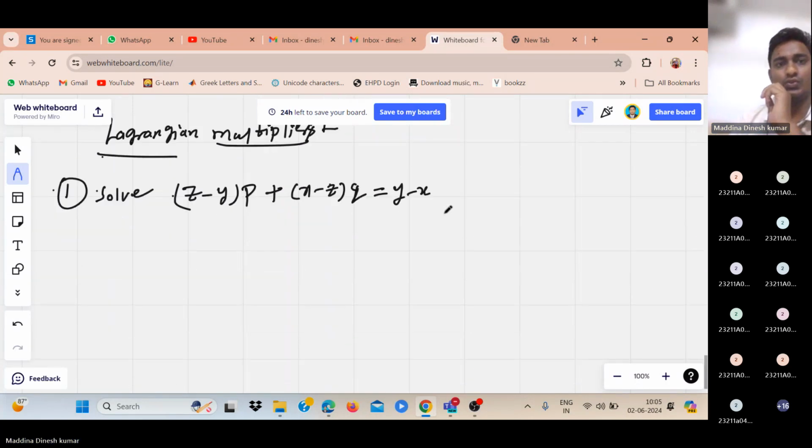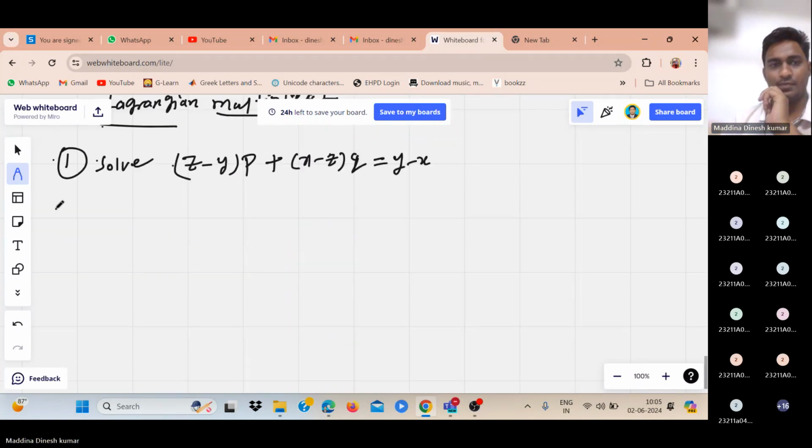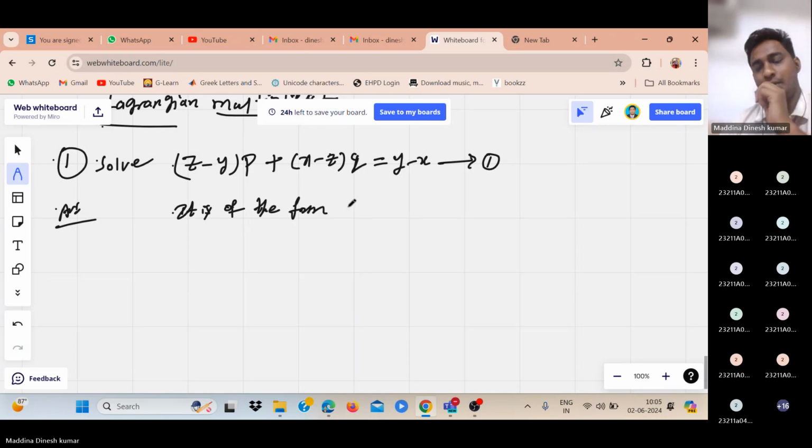Okay, let's call this equation number 1. So it is of the form capital P small p plus capital Q small q equal to R.